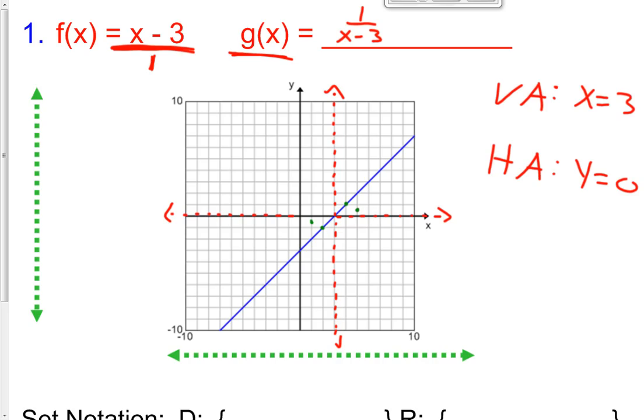And then let's sketch our function. Follow along the asymptotes. Don't cross over them. They approach the asymptotes. And there we've successfully graphed our reciprocal function.